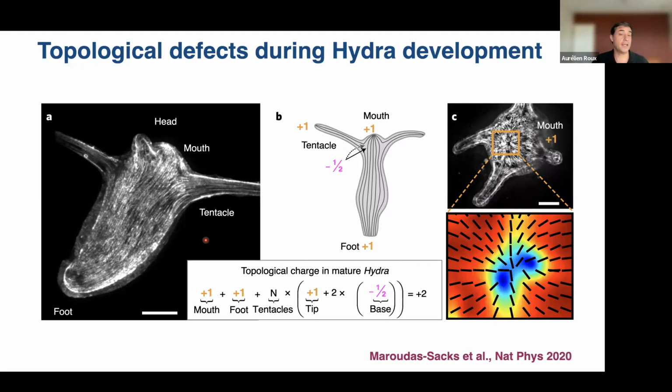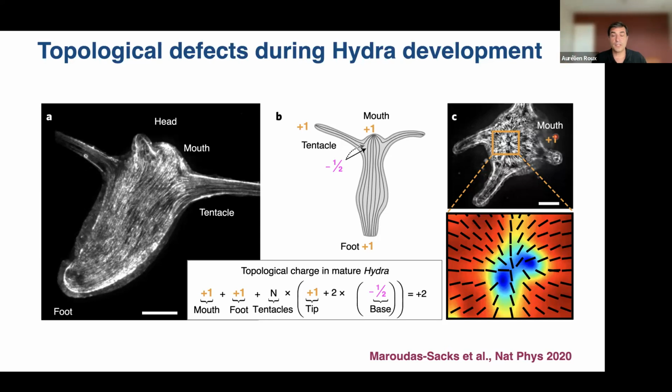They're all aligned like a nematic, very nicely from the foot to the head. And if you look at the position of the mouth, and this is probably where you see it best, you have an aster, and all the actin points towards the mouth, and you lose the order at the mouth. So it's a defect. It's called a +1 defect. I'm going to come back to those numbers and explain what they are. It's called the charge of defects.